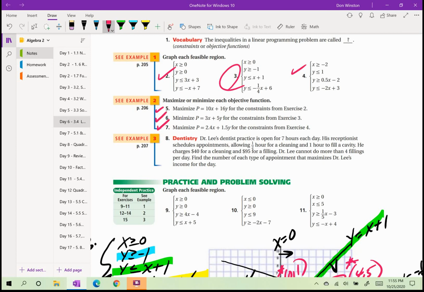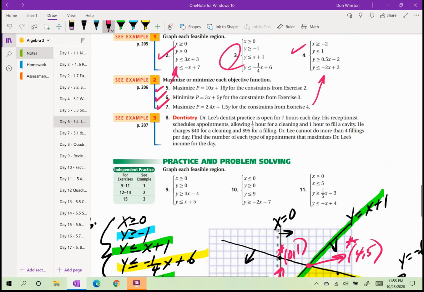So 5 will go with 2. You'll maximize the feasible region for number 2, and for 5, and for 7 you'll minimize. So you have to draw the system of inequalities, the feasible region, find the corner points like I did for number 3, and then evaluate those corner points.